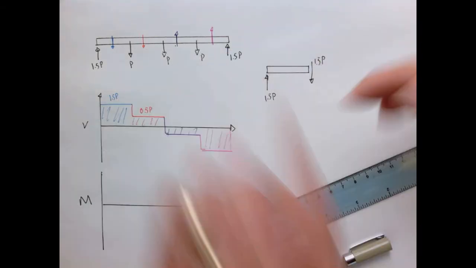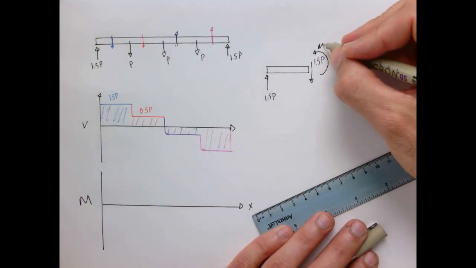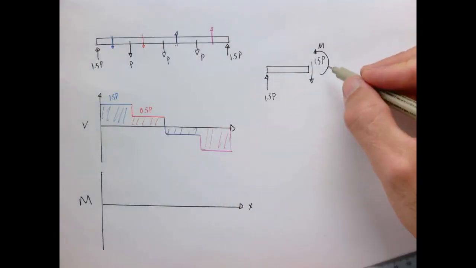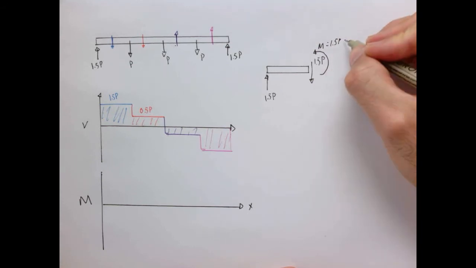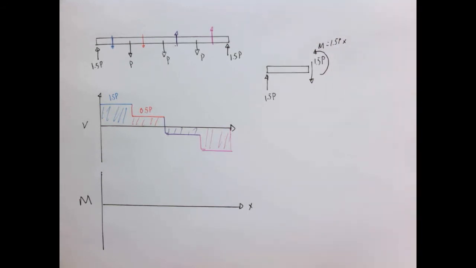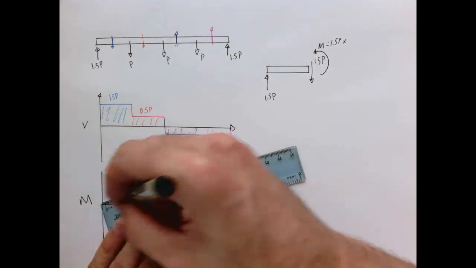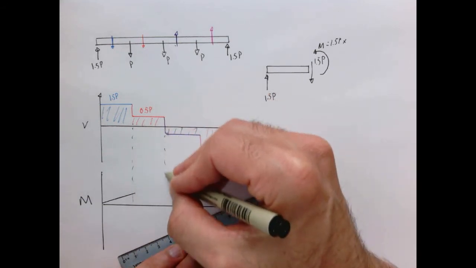Again, this thing wants to spin that way, so we have to have the counteracting moment going in our positive direction, making the beam want to smile, bend upwards, which has to simply be 1.5 P times x. So we're just going to have kind of a slope up to this point.